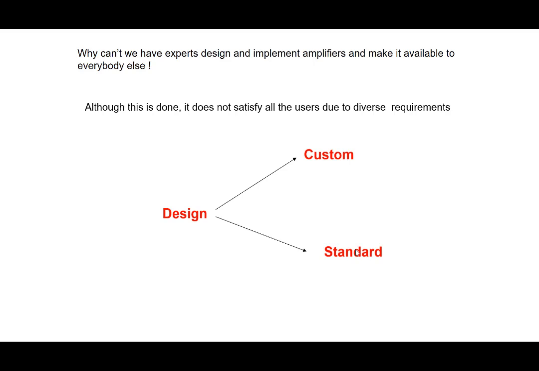Standard amplifiers can be produced in large volume, but very often you may find that it's not built to the specifications that you desire. So that's the standard design, not catering to any one specific application, but keeping a wide variety of applications in mind. Somebody produces an amplifier, fabricates it and sells it.